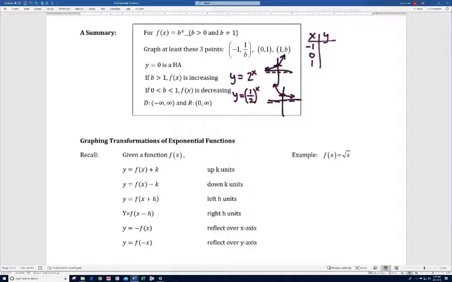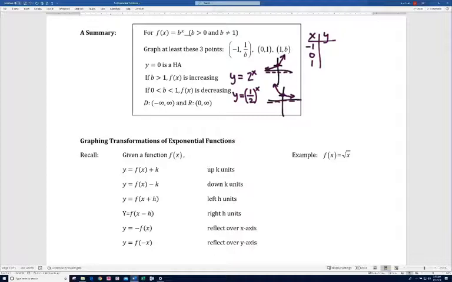Alright, so let's go down below here, and it talks about transformations. So we're going to take the things we were doing earlier in this course, and we're going to do them with these exponential functions. So it says, recall if we're given some function f of x, we've got these different transformations.